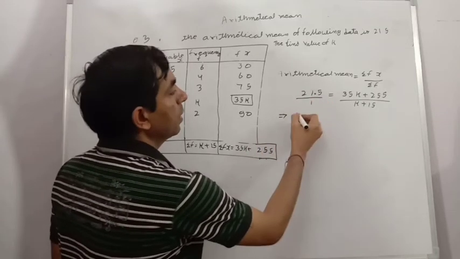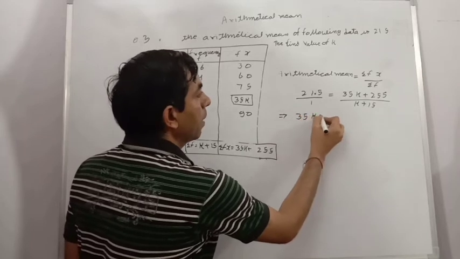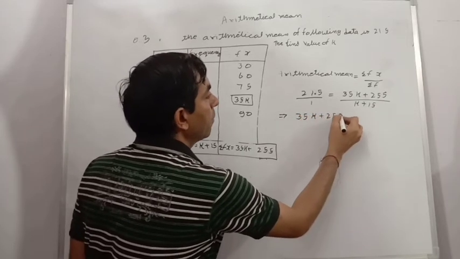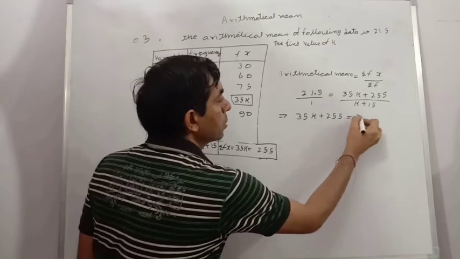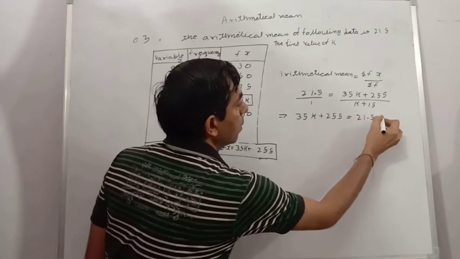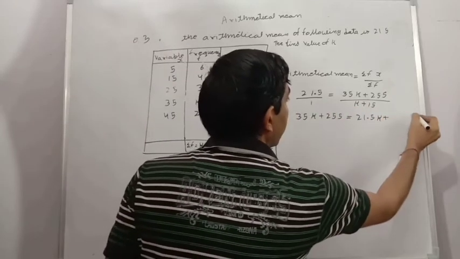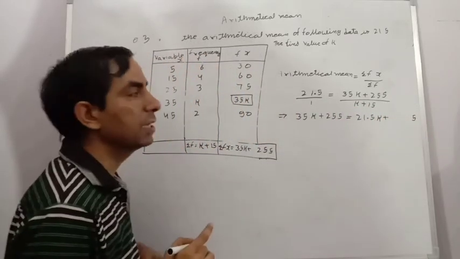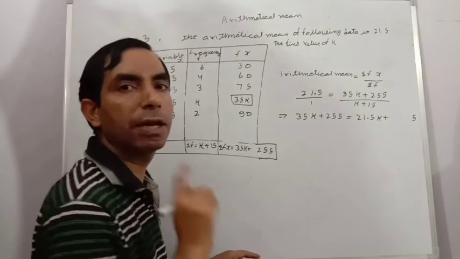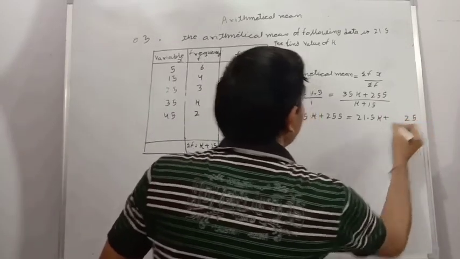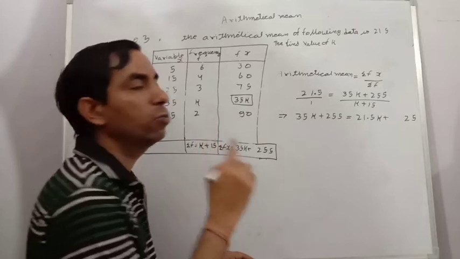It implies that we get 35k plus 255 equals 21.5 times k plus 15. 15 times 5 is 75, 5 remaining, 7, 15 times 1 is 15 and 7, 22, 2 remaining, 2, 15 times 2 is 30 and 2, 32.